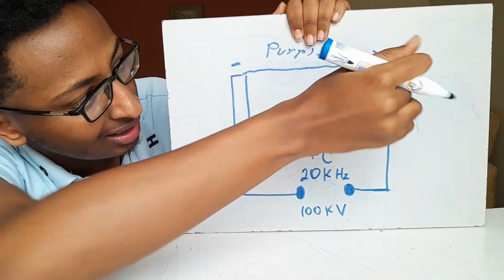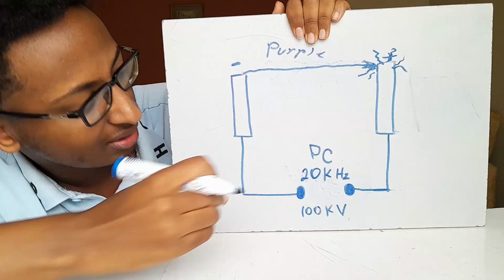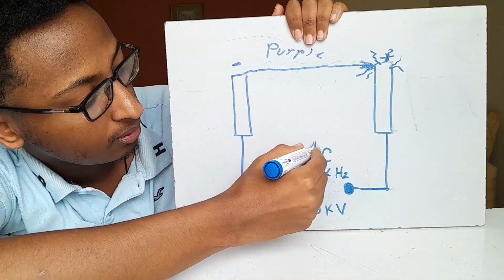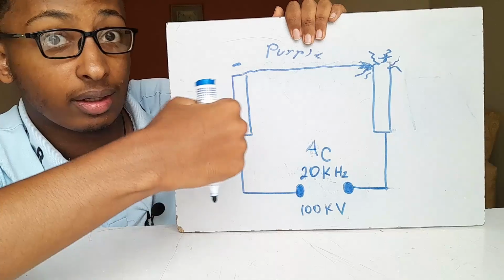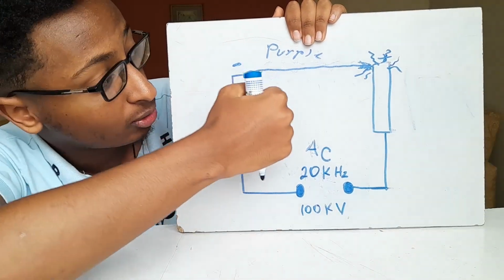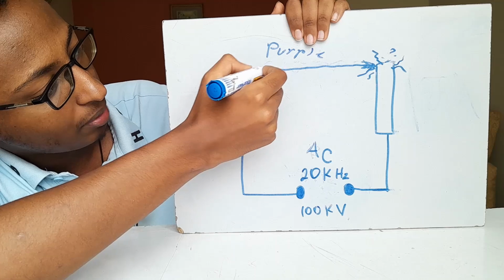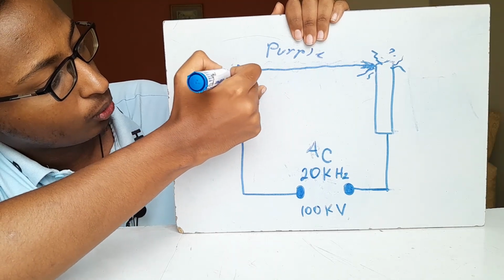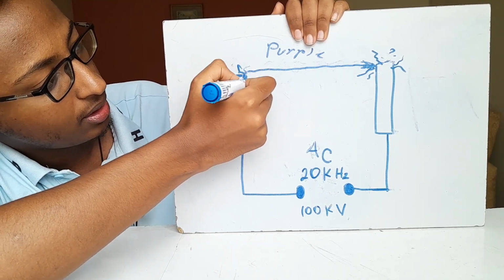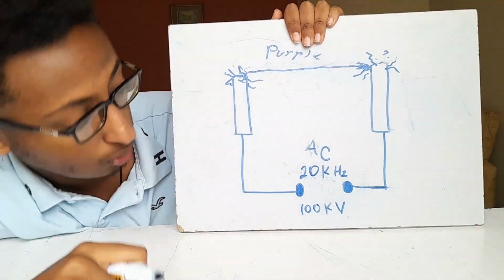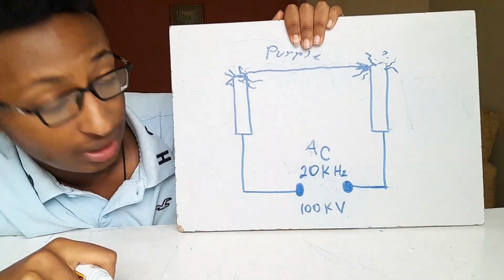It's escaping but hitting the anode. But in the case of AC, it's both. As I said earlier, electrons hit both electrodes and hit right back, so heat will be created on both electrodes. That will happen if we use an AC high voltage.